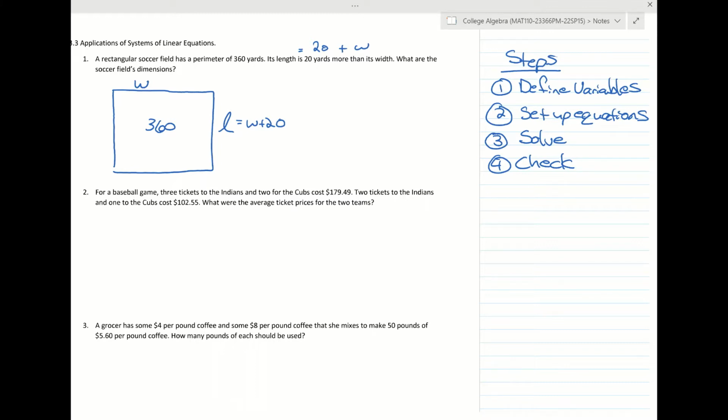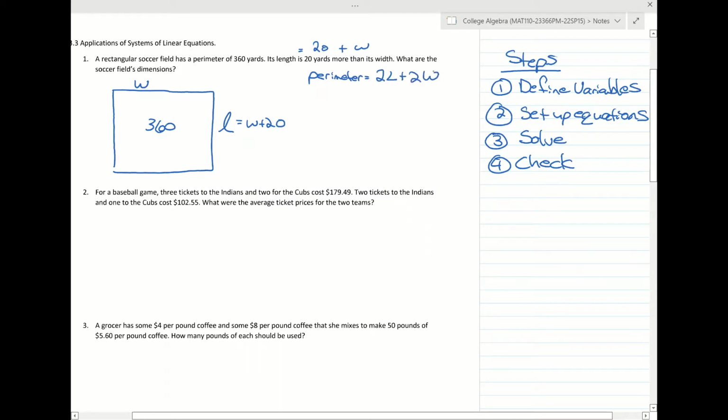Now that we have our variables, we know that the perimeter is equal to 2 times the length plus 2 times the width. The perimeter would be 360. We know that L is equal to W plus 20, and the width is just the width.